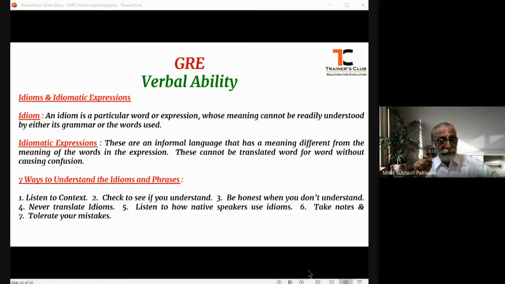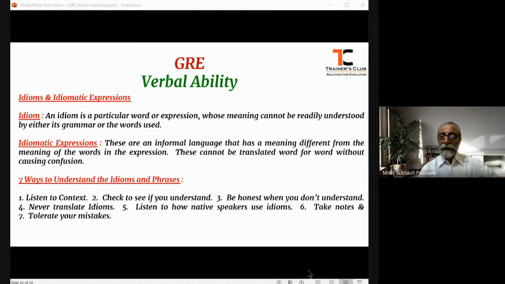You should accept your mistake. You cannot deny it. That's why I said you should be honest when you don't understand. And the second thing is, if you have done a mistake, please do accept it. Tolerating power is very important.